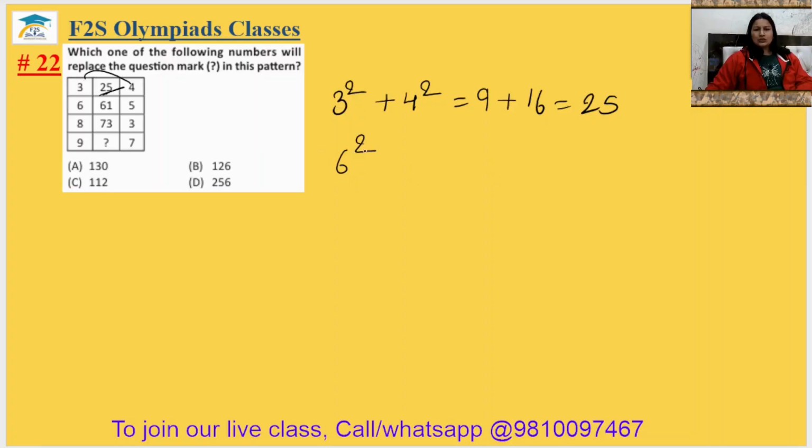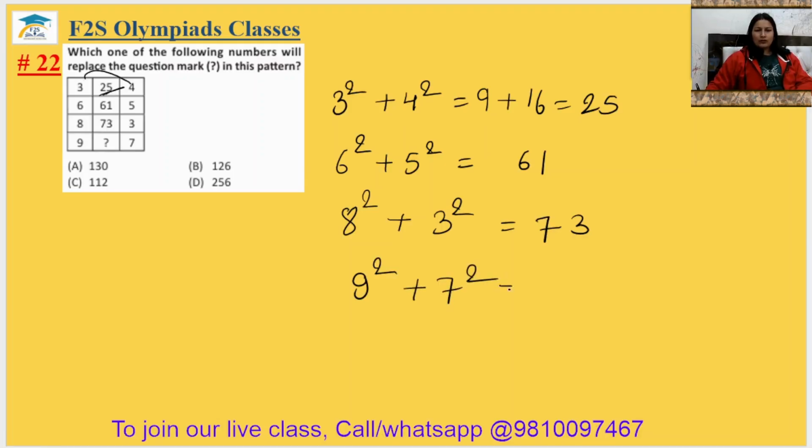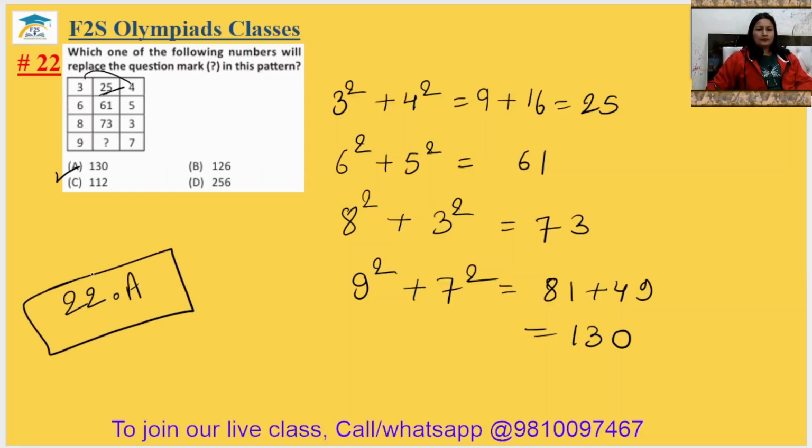Now 6 squared plus 5 squared, 36 plus 25, equals 61. 8 squared plus 3 squared is 64 plus 9, that is 73. Now 9 squared plus 7 squared will be 9 nines are 81 plus 49, which equals 130. It is in option A. The 22nd answer will be option A.